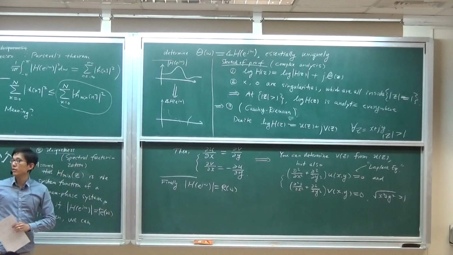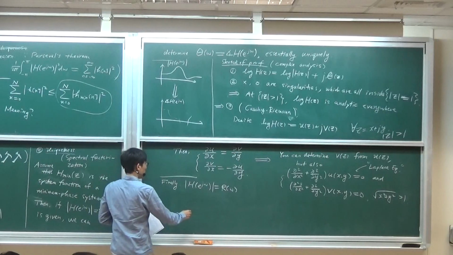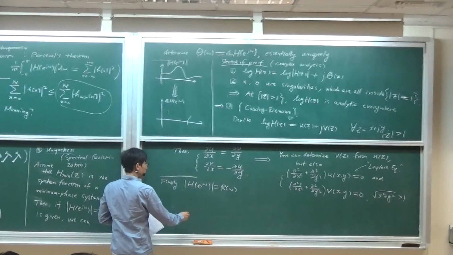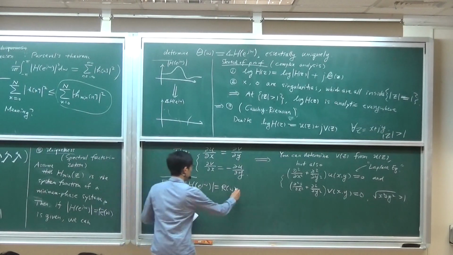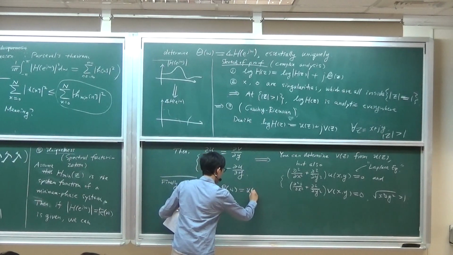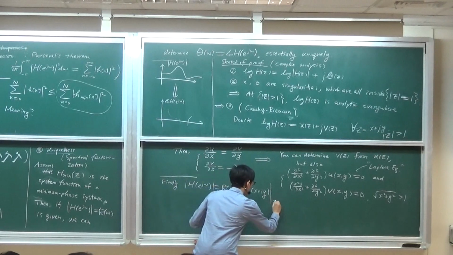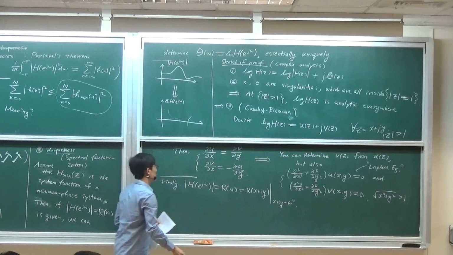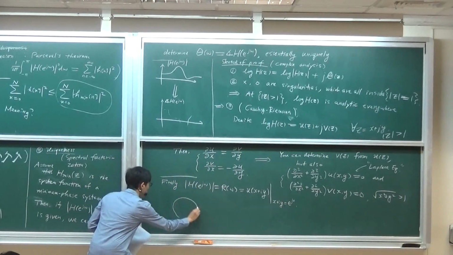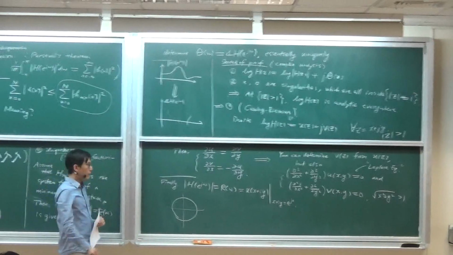That's a boundary condition for u(x, y). We still have the unit circle, and you are given the magnitude response.